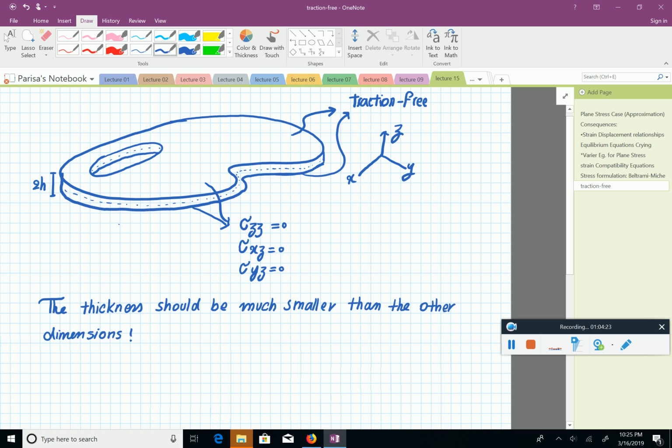So if we have these conditions, then we can use plane stress to approximate a problem like this.